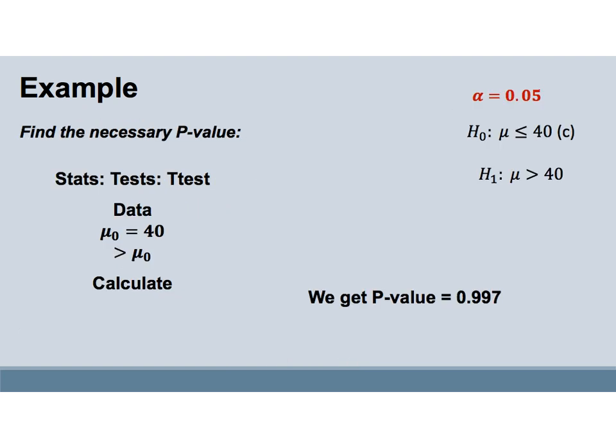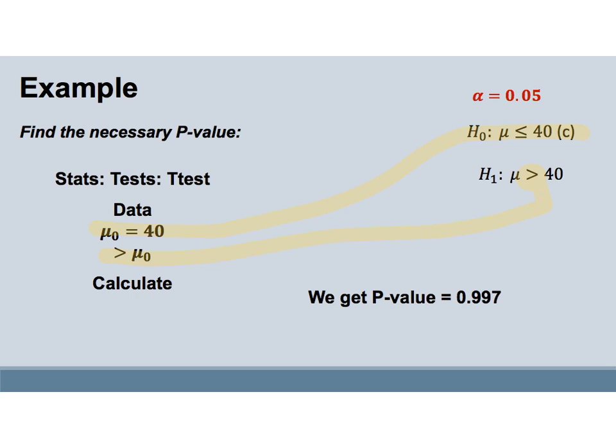Okay, so t-test, stat over to test, t-test. Now this time you need to pick data because we put a list of data in. It still wants mu naught. Mu naught still comes from your null. And you'll still have to put in the inequality that matches the alternative.